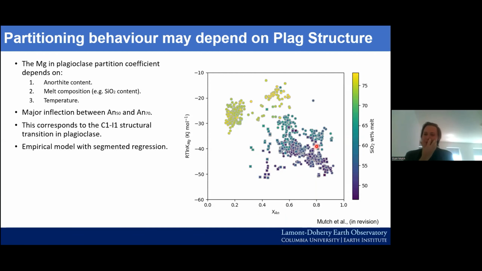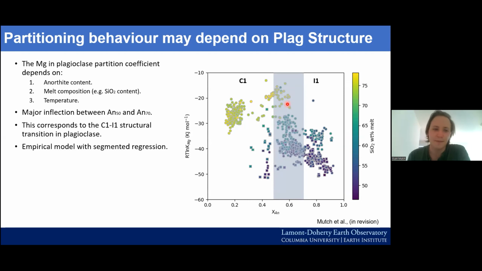But perhaps interestingly, what emerged was that we can potentially see an inflection in this behavior. Now if I overlay where the underlying structure changes, maybe this inflection point corresponds quite nicely to this. So we developed a new empirical model using segmented regression that also accounts for the liquid composition, or the silica content of the liquid, as well as temperature.